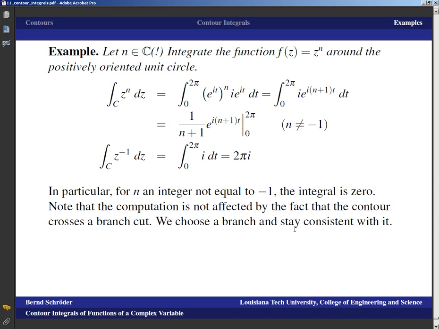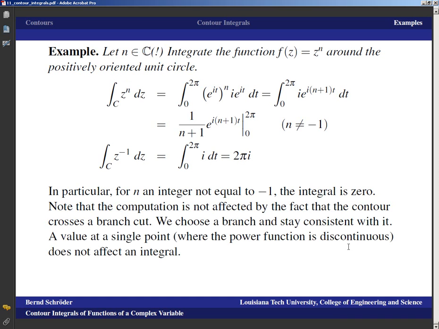We just choose a branch, and as long as we stay consistent with that branch as we go along the integral, which is what we have to do, then things will not be a problem, because a value at a single point where the power function may be discontinuous will not affect the integral.